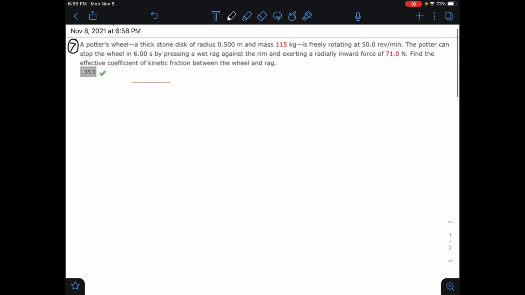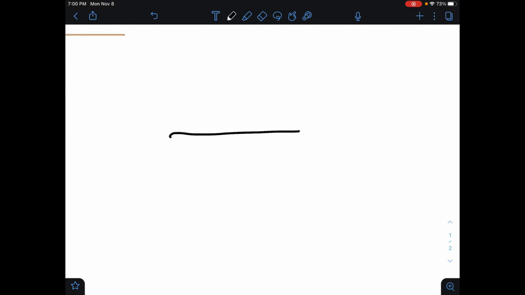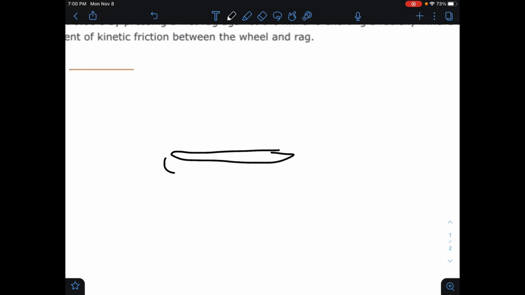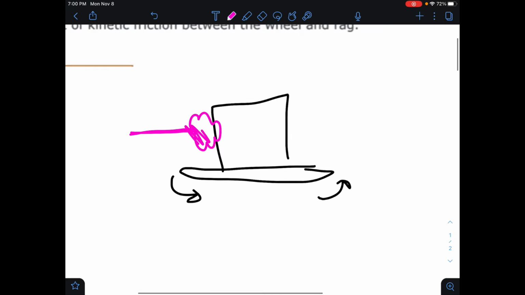So let's say this is the potter's wheel. This is spinning. And then let's say this is the pot. And then this is the hand with the rag. That's the rag.